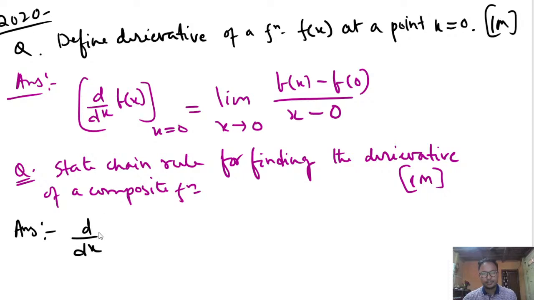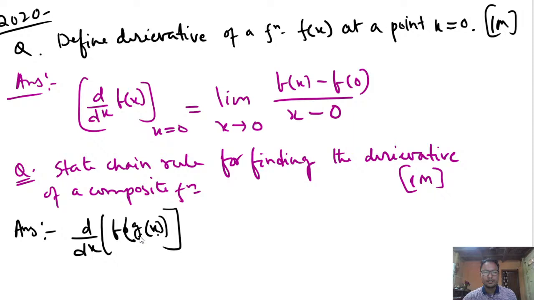Okay, f of g of x, where f is a function and g is a function of x, so f is a function of the function g.